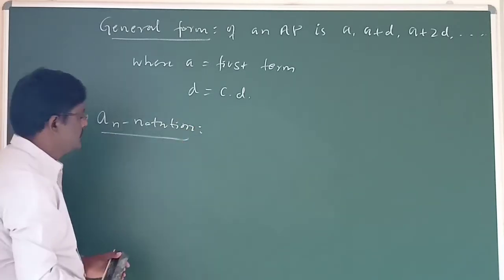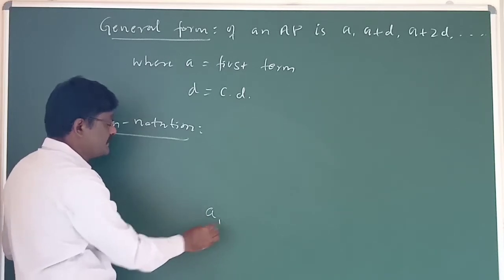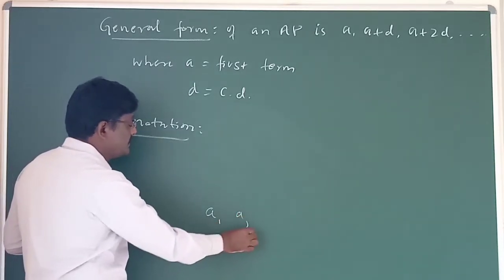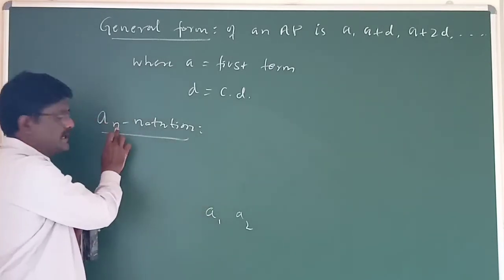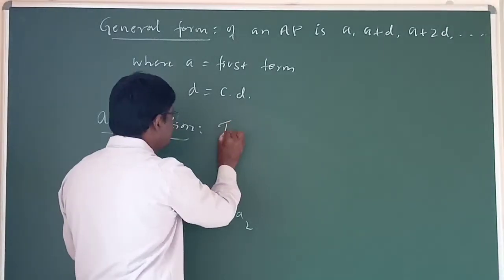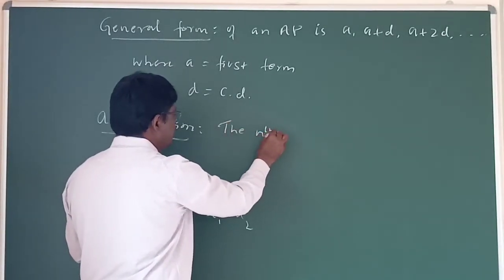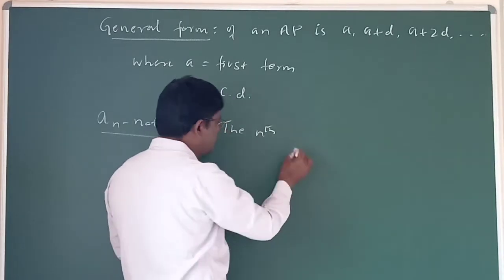See children, in general, if it is the first term, we say A1, second term A2. If it is the nth term, we say AN. Hence, what is the meaning of AN notation? It means the nth term. It may be the second term, fourth term, 100th, 1000th, like that.